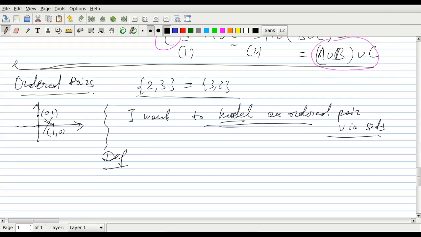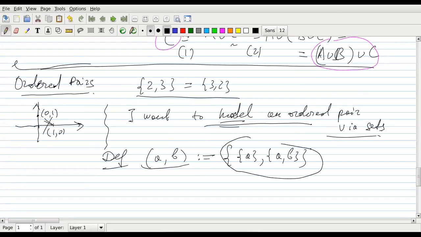By definition, for every two A and B, I'll introduce the following set. It is quite artificial, of course. It is artificial. But anyway, it will work. Let's call the ordered pair of A and B just this set.